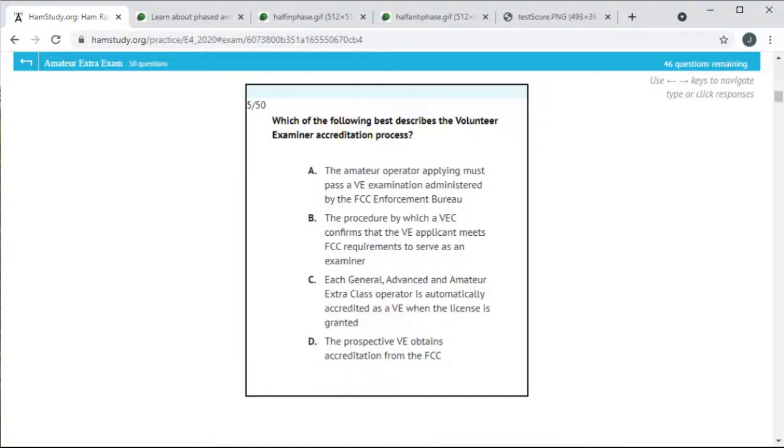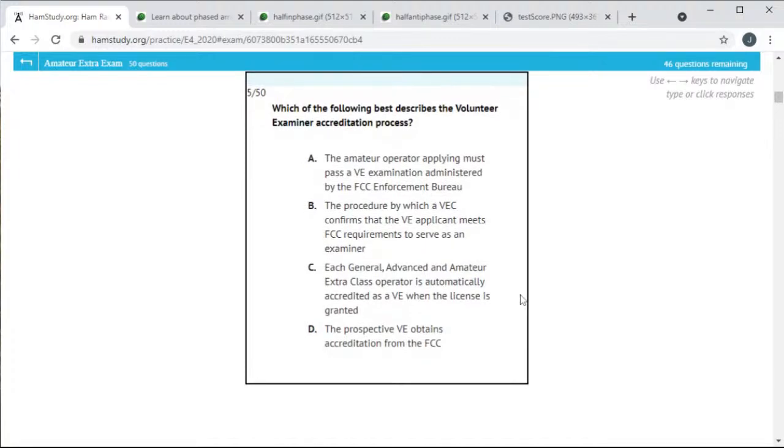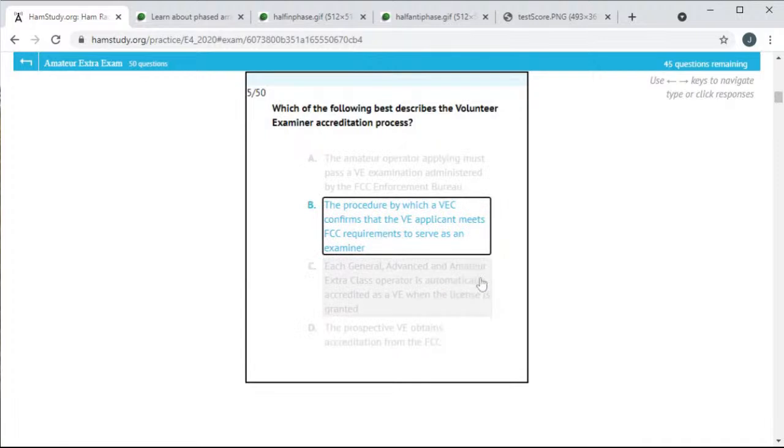C, each general, advanced, and amateur extra class operator is automatically accredited as a VE when license is granted. D, prospective VEs obtain accreditation from the FCC. Well, D and A aren't correct because it's not directly from the FCC. C isn't correct because it isn't automatic. So it must be B.